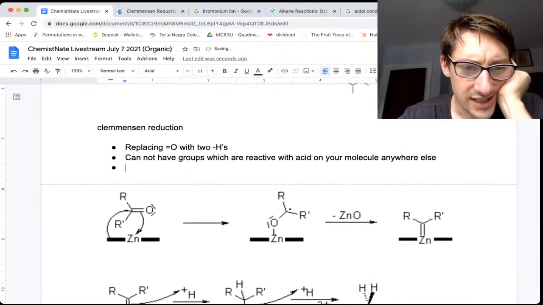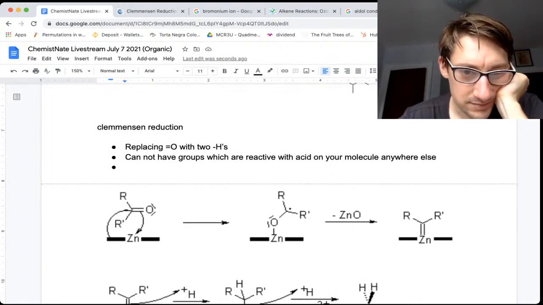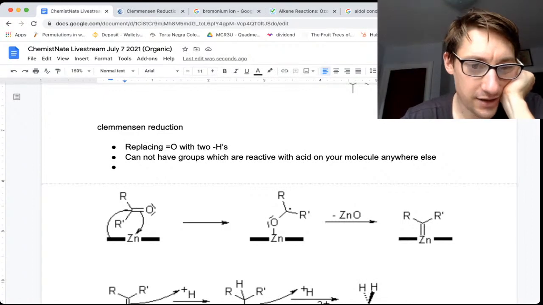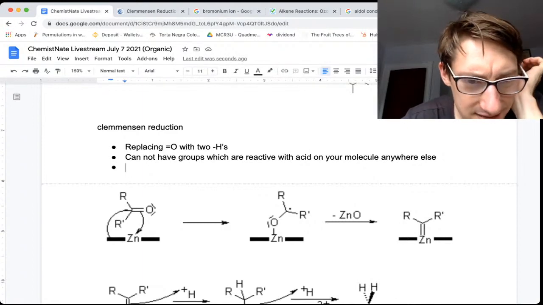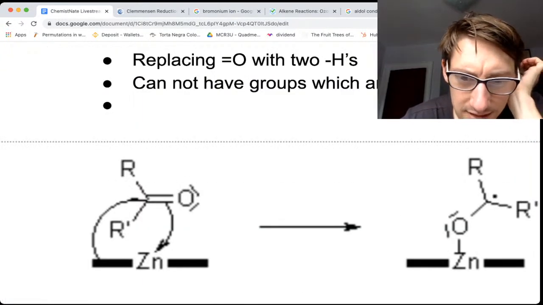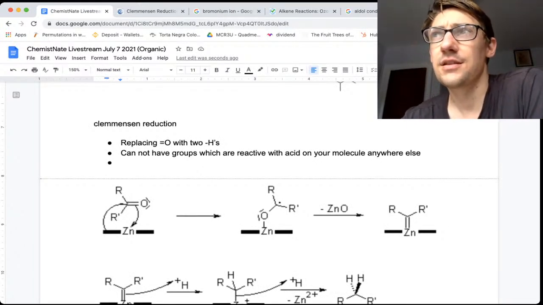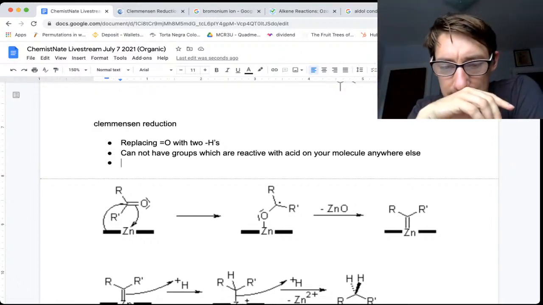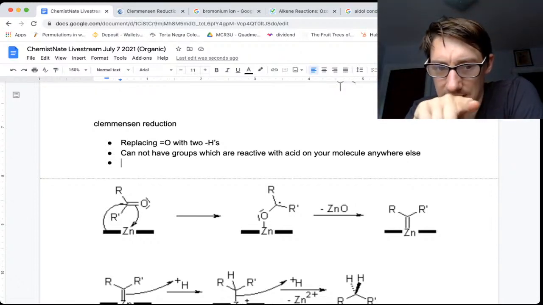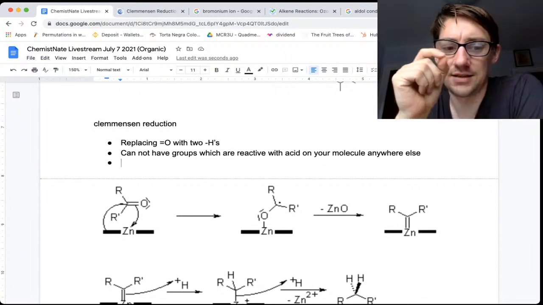Okay, here we've got electrons from a metal attacking the carbon. Are they? Is that supposed to be an arrow? The electrons from the double bond attack the zinc.